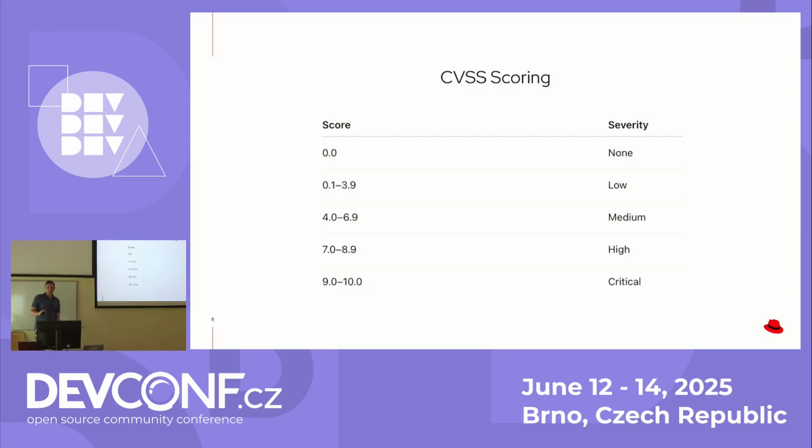There's also a term called severity, which is basically a mapping of this score to some more human-readable term, like low severity, high severity, or critical. This is something that you will usually see at first when you start looking into a CVE.